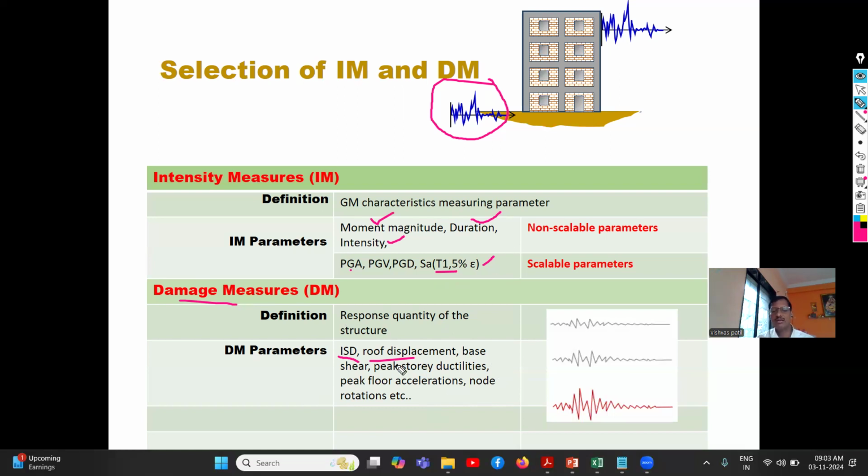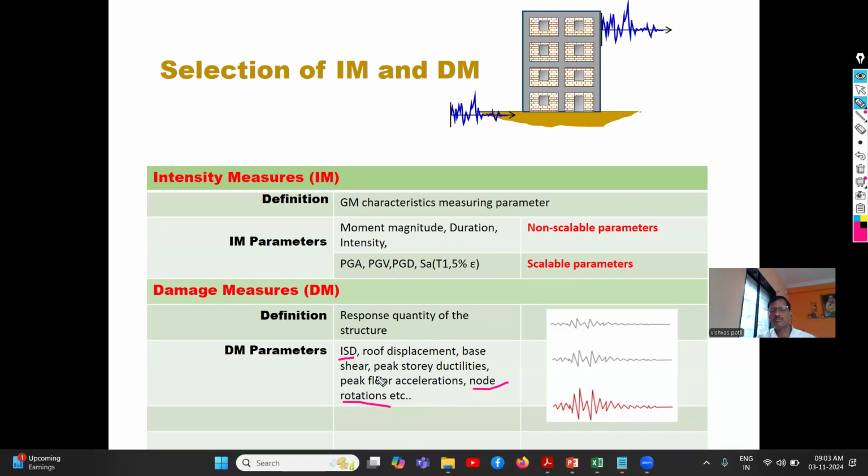Suppose we are very much interested in the ductility of the structure. Then we have to select a parameter related to rotational deformations. In that case, select interstory drift. Most researchers prefer interstory drift because it is closely related to a ductility parameter. Or we can select node rotations.